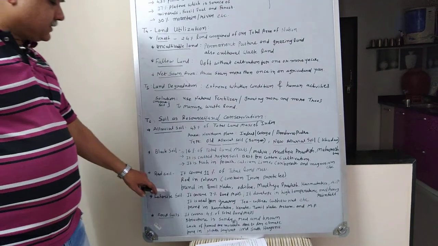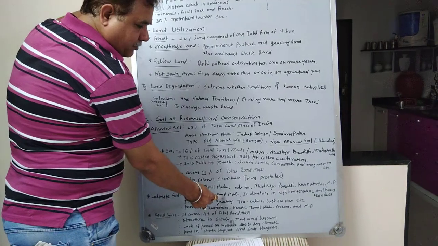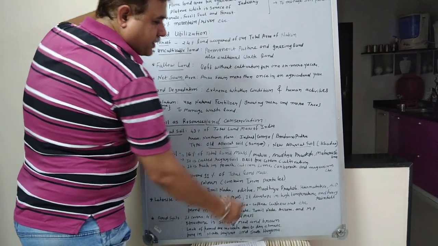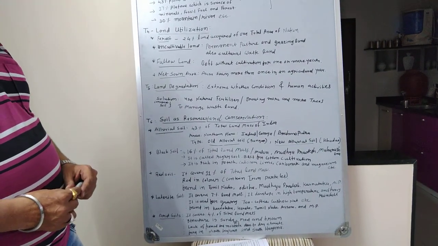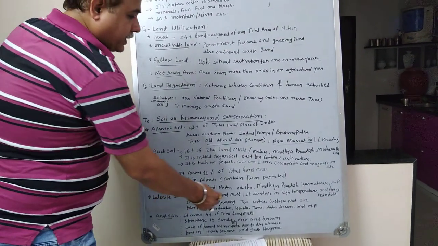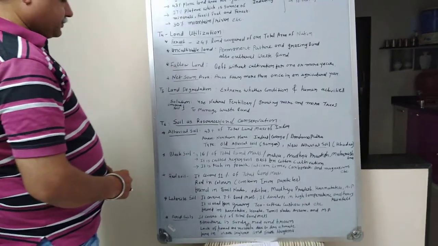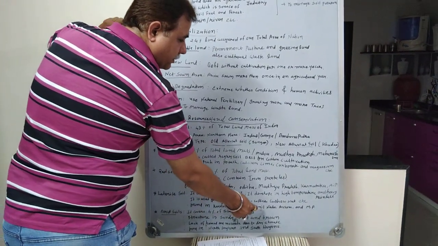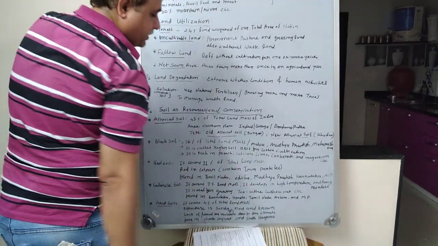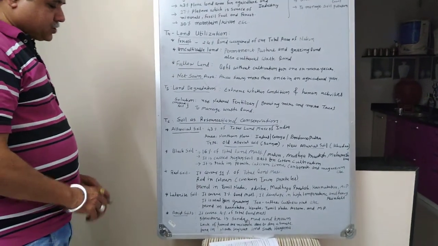Now, laterite soil. It covers 7% of the landmass. It develops in high temperature and heavy rainfall areas. It is used for growing tea, coffee, cashew nut, etc. It is found in Karnataka, Kerala, Tamil Nadu, Assam and Madhya Pradesh. Now, arid soil.